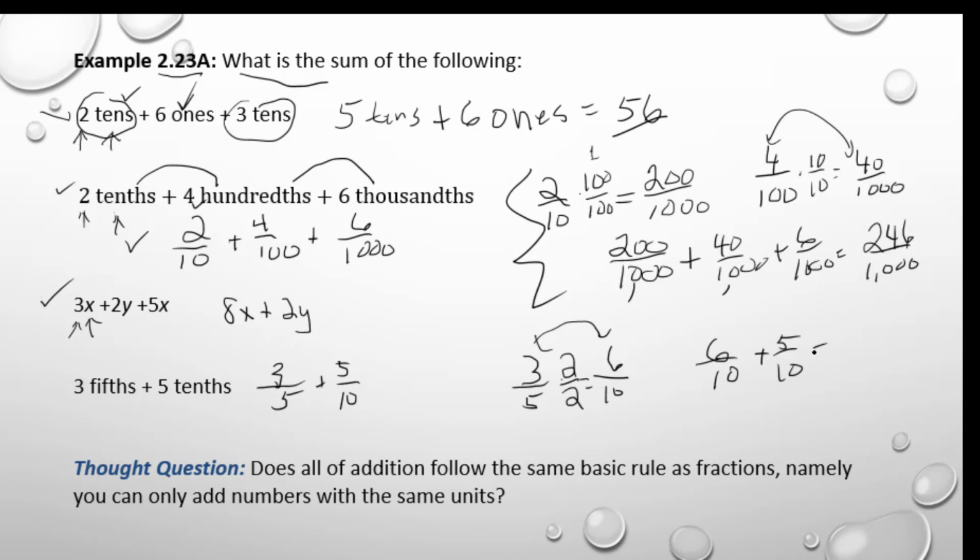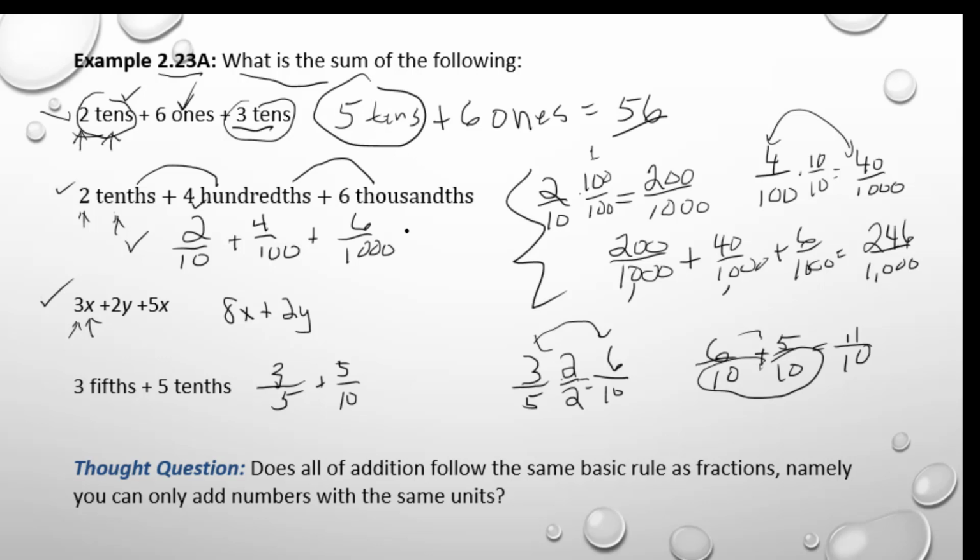And I can add these together and get 11/10. Now the unit doesn't change, right? When I add 2/10 and 3/10, I get 5/10. I don't get 5 of something else.